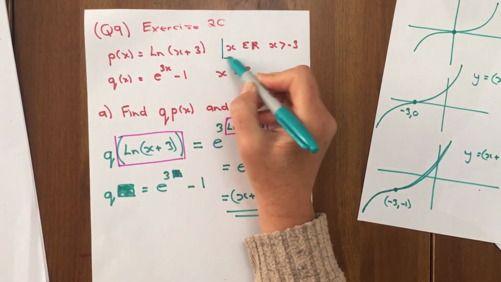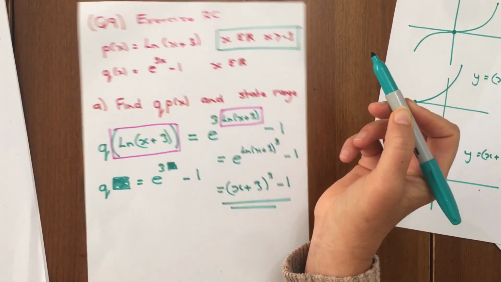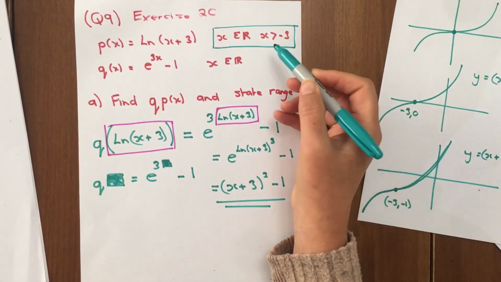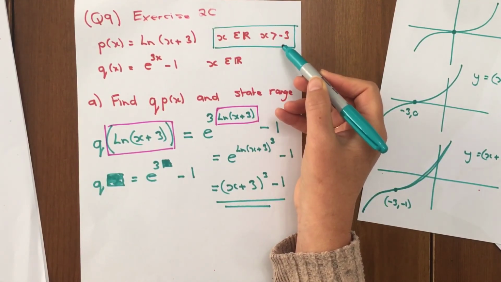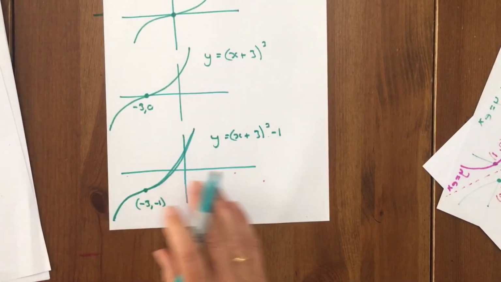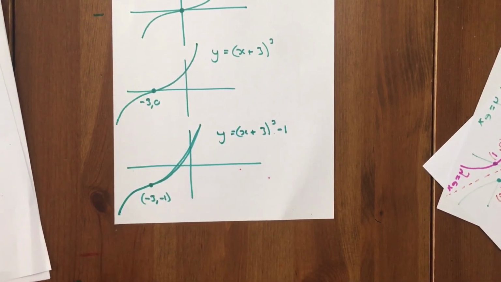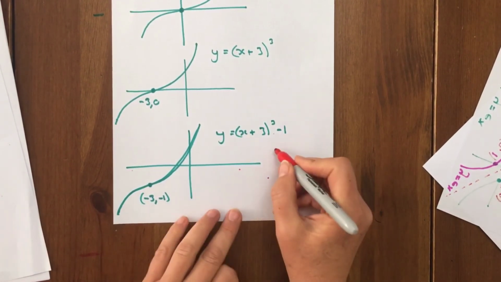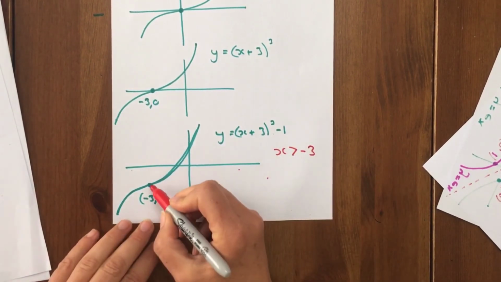So here, ln of x plus 3, they're saying is only valid for all values of x greater than negative 3.